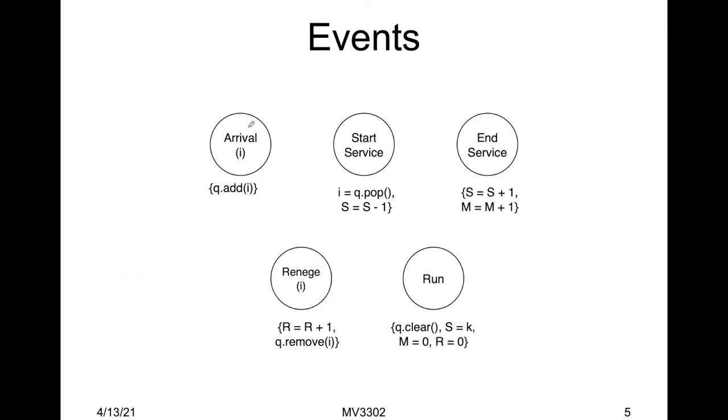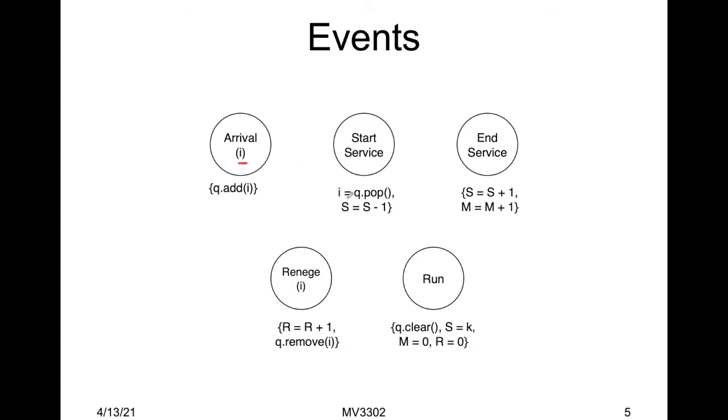Okay, so let's look at events here. Our arrival event is now going to have an argument, and that argument is going to be the unique ID. Every time I get an arrival event, its argument is going to have the unique ID of that customer.